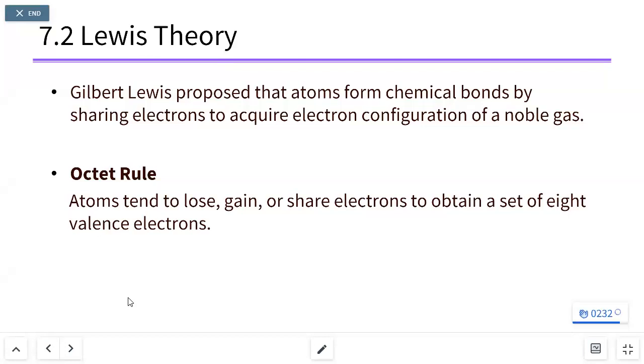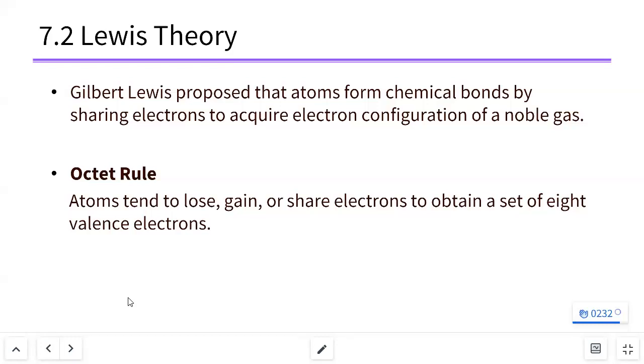So we need to bring in this concept known as Lewis theory. Lewis theory, proposed by Gilbert Lewis, says that the whole point of bonding is for atoms to get to a noble gas electron configuration. The primary theory posited by Lewis is that the noble gases are unreactive, and they're unreactive because they already have all of the electrons that they need.